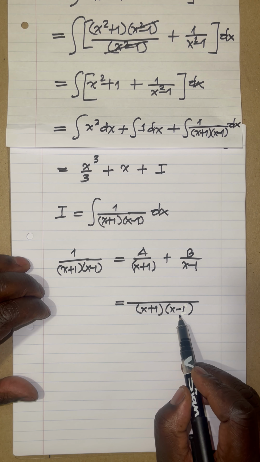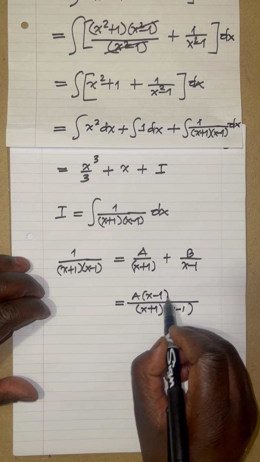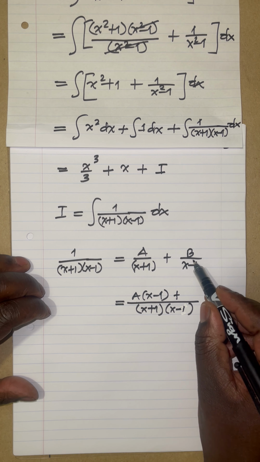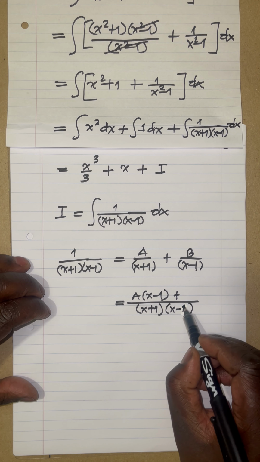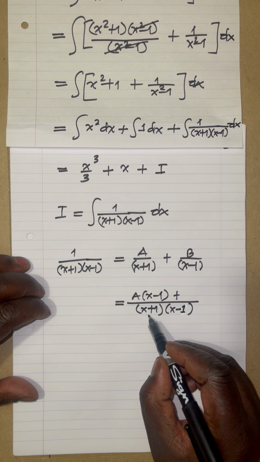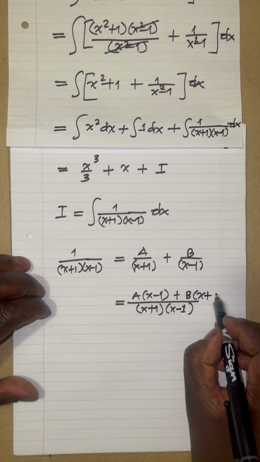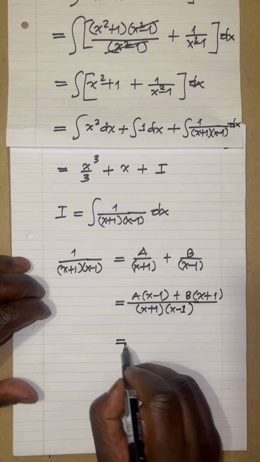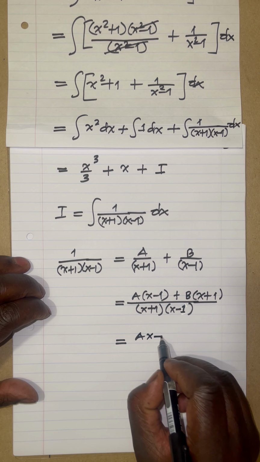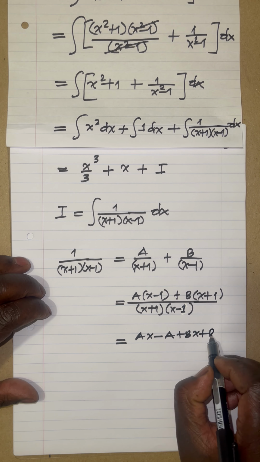The answer is x minus 1 multiplied by A, so it will be A times (x minus 1), and then we have a plus sign there. This one here, x minus 1 into that part, this cancels that. You have x plus 1 multiplied by B, B times (x plus 1). Right. Now simplifying the numerator, we have Ax minus A plus Bx plus B.